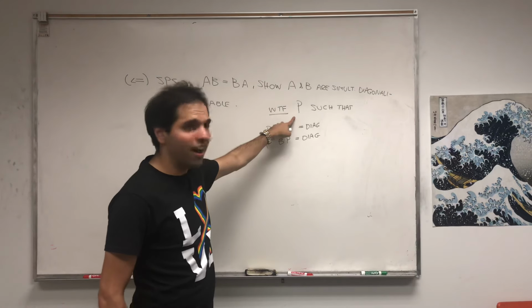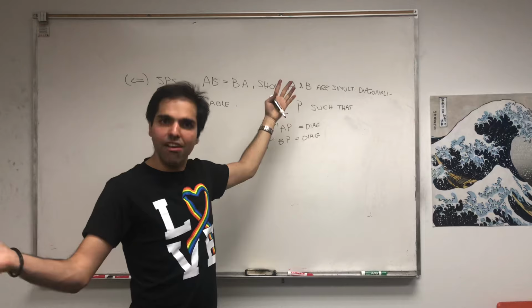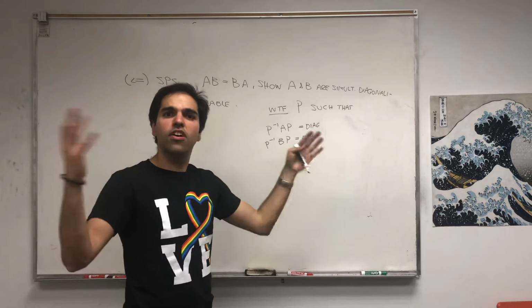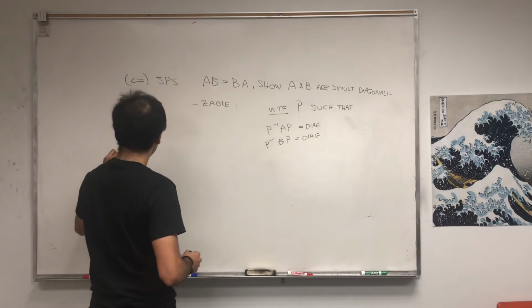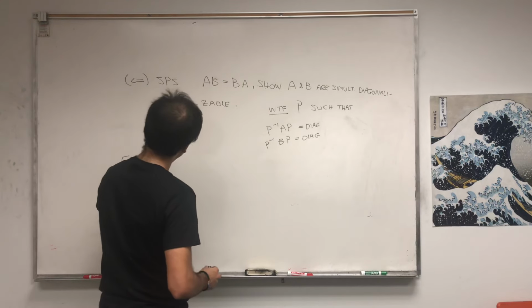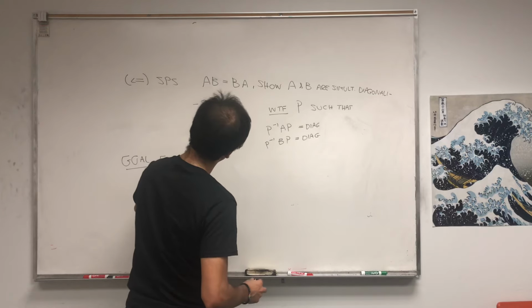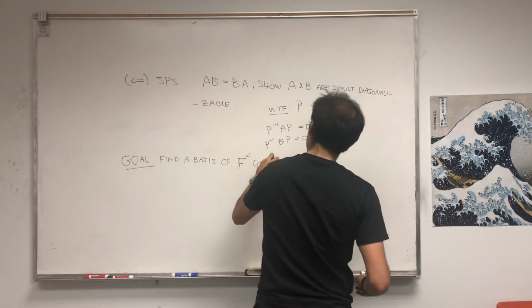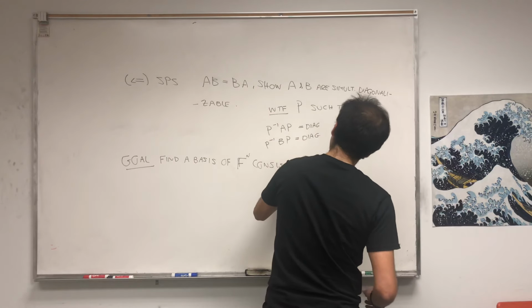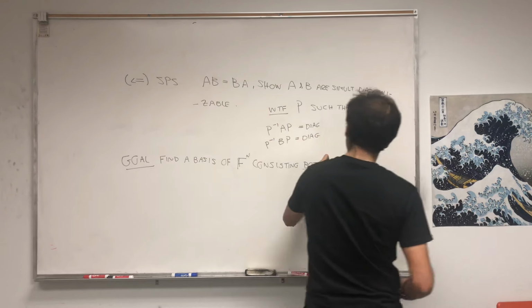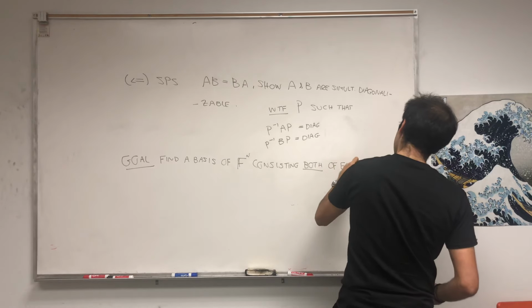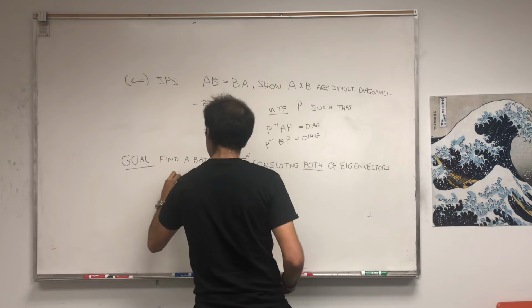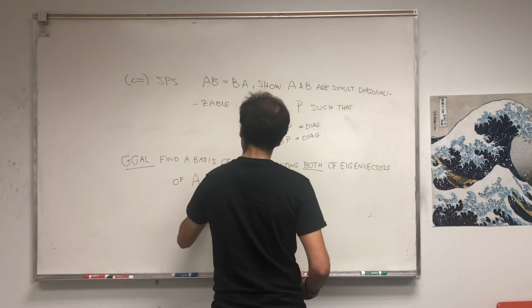So what we want to find is a basis of Fn such that we have eigenvectors of A that are also eigenvectors of B. So goal: find a basis of Fn consisting both of eigenvectors of A and eigenvectors of B.